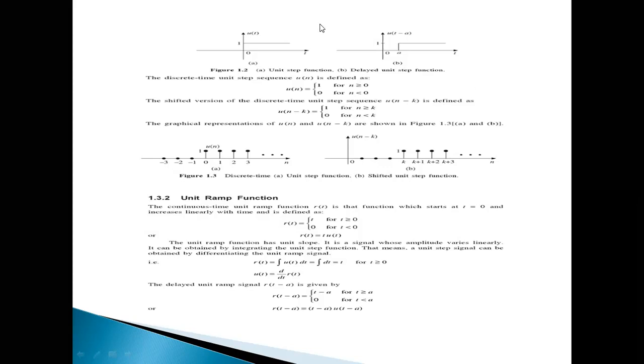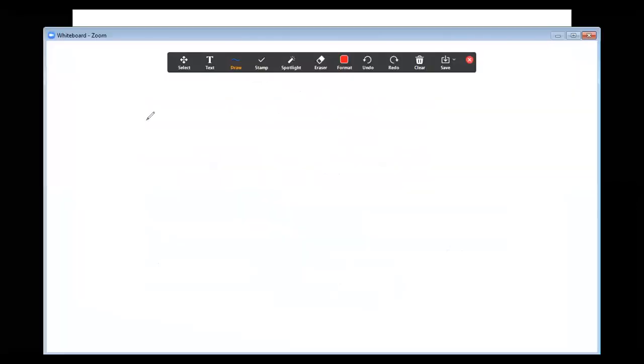How will I explain it? See, I am drawing one function here, x of t. Let x of t be the unit step function, which you can denote without confusion as mu of t, because a step function is denoted by mu of t, and 0 otherwise, for a continuous time function.